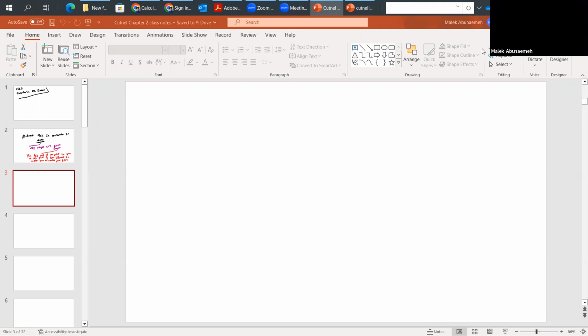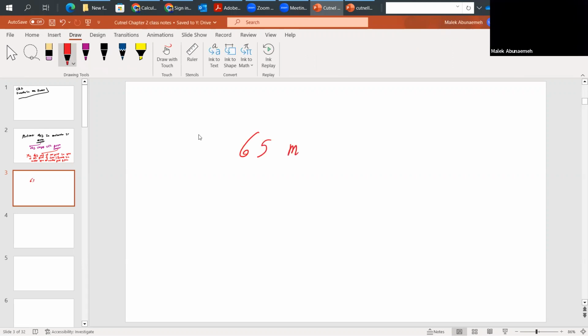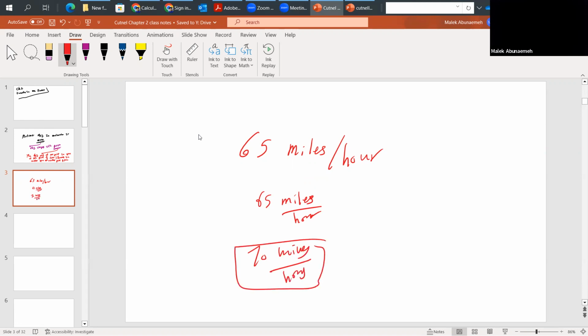If you call me and ask what average speed I go, usually I tell you, I don't know, on the highway about 65 miles per hour. Some people go 70 miles per hour.